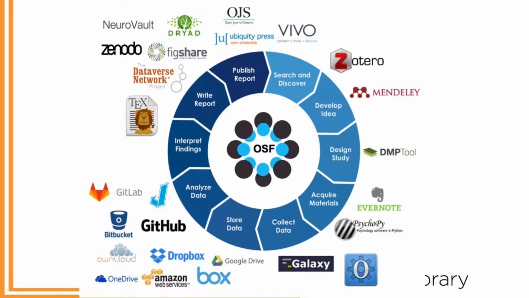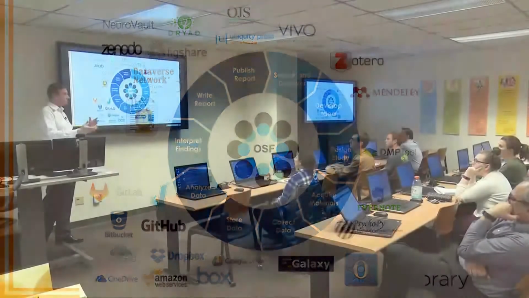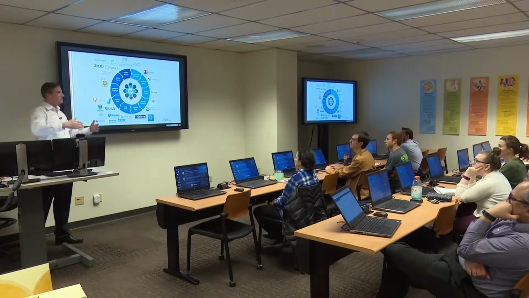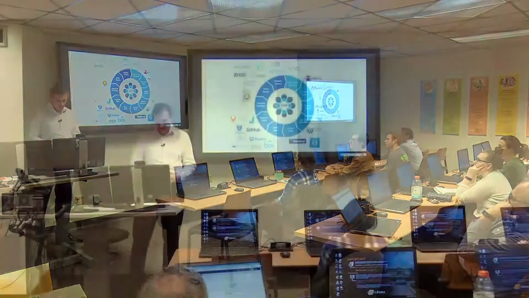Then you have the data that you generate or collect. That's on a hard drive or on Google Drive or somewhere. You import it into some analytics tool, write some scripts. Then those have to be stored somewhere, maybe on GitHub or Bitbucket. Then you get your data, your figures, where do all of those go? And then you start writing the document and you have tons of different versions of the document and so on.